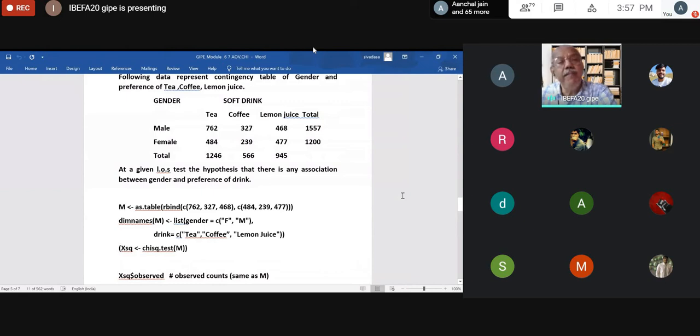What is the probability that a customer comes male? Sir, 1557 divided by the sum of 1557 and 1200. Perfect. What is the probability that a customer prefers lemon juice?